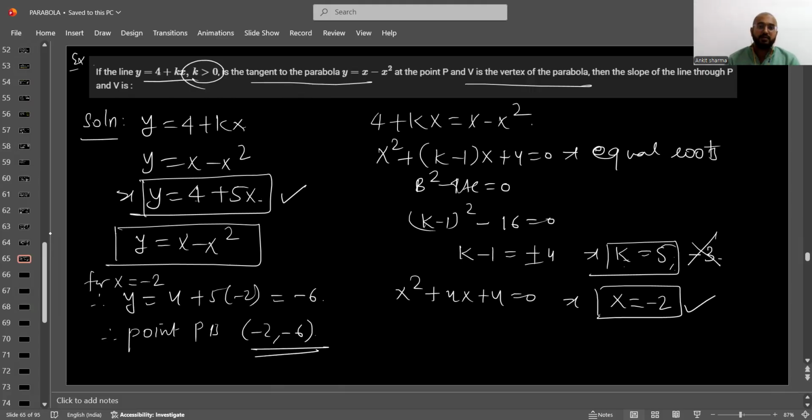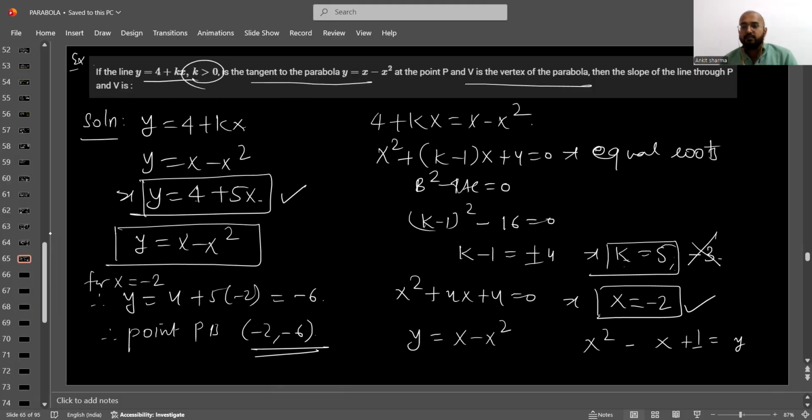And now I need to find the vertex of this parabola. You have y is equal to x minus x square. So we can write x square minus x is equal to y.